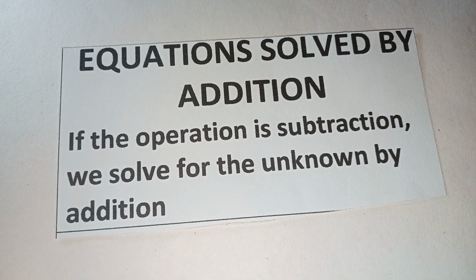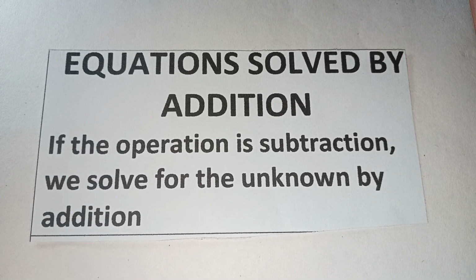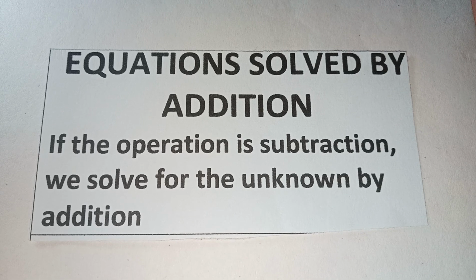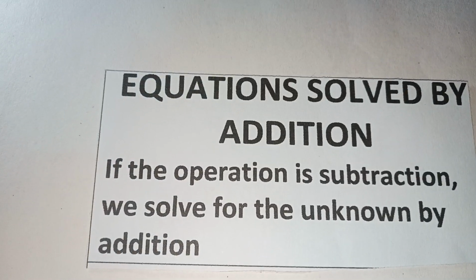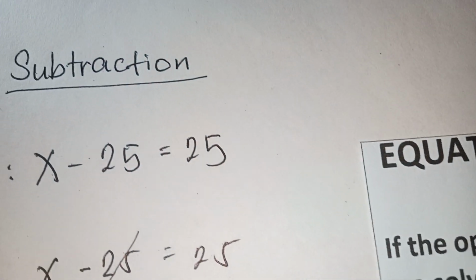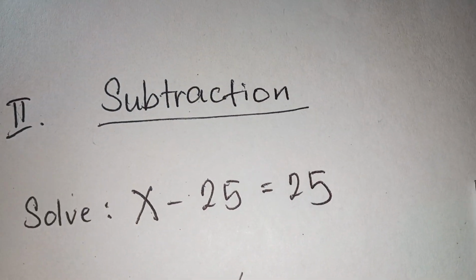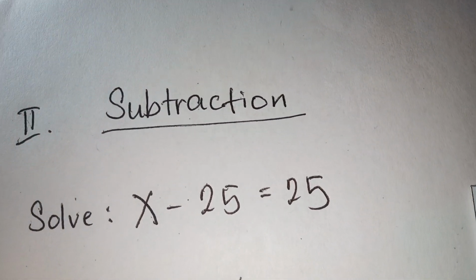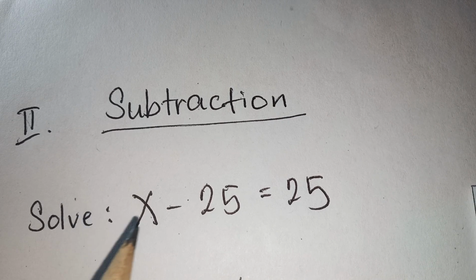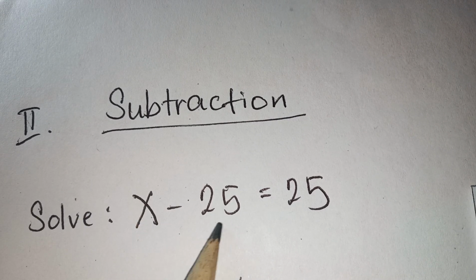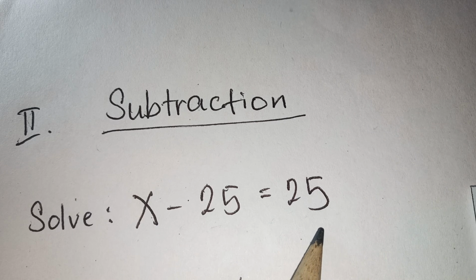Equation solved by addition. If the operation is subtraction, we solve for the unknown by addition. Okay? Kung operation mo daw ay subtraction, so, solve natin siya by addition. So, ito ay subtraction. x minus 25 equals 25.